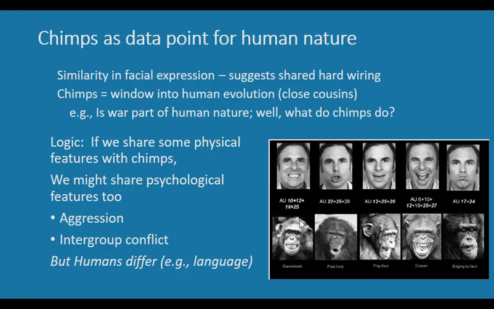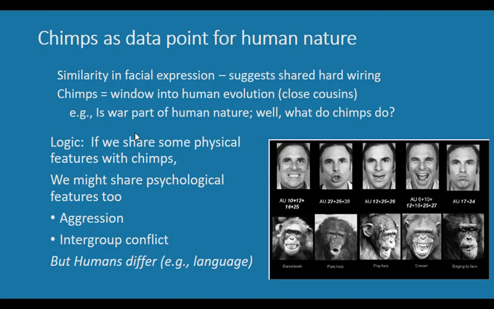But you can look here just in the facial expressions. We have basically the same set of muscles and facial features that are manipulated into the different kinds of emotional expressions. So chimps provide this window into human evolution because they're such a close cousin. So for example, when we're trying to see whether or not war is a part of human nature, we will look at chimps and see if there's any similarities.